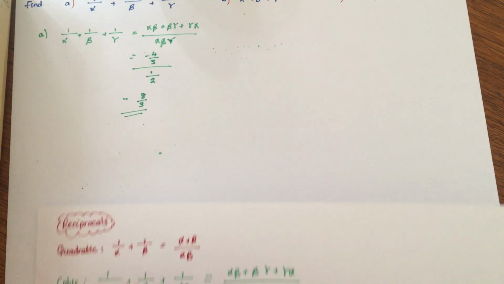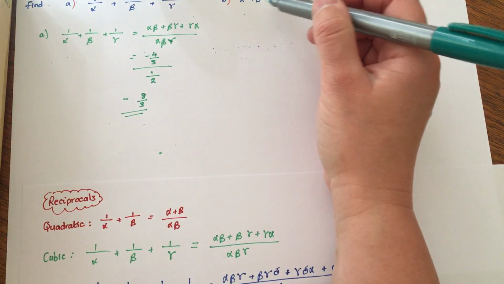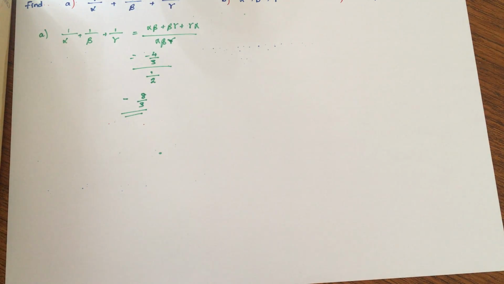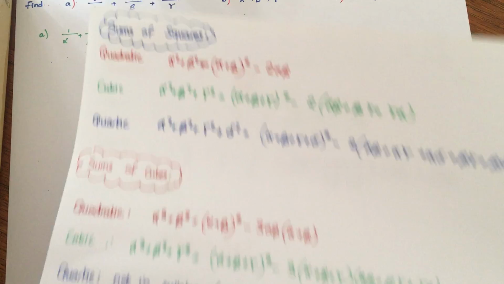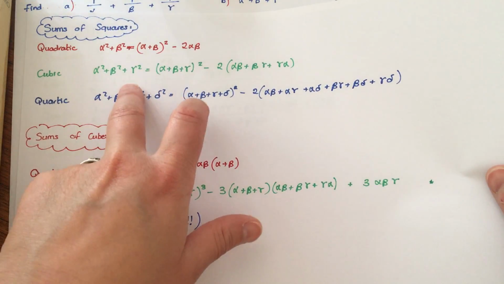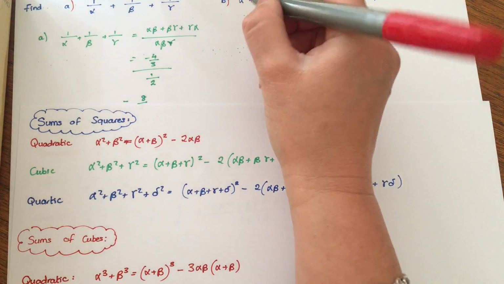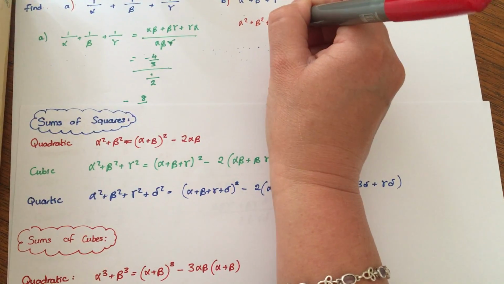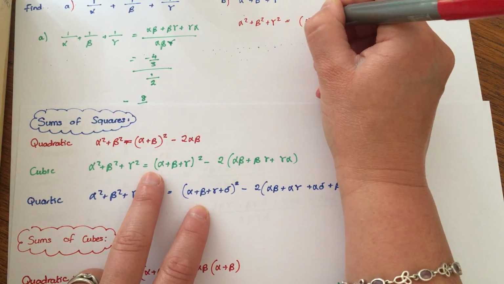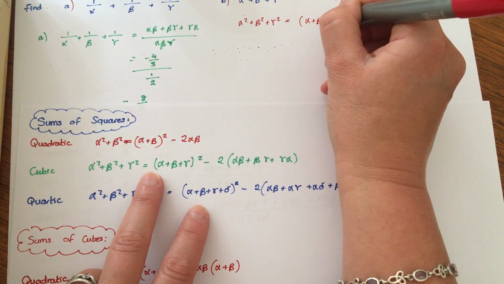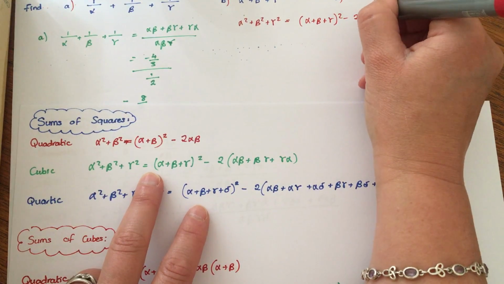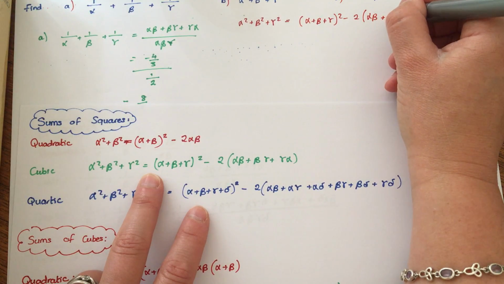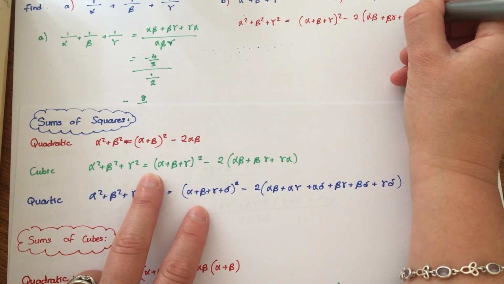Part B. Alpha squared plus beta squared plus gamma squared. So that's this one here that we know. Which is alpha plus beta plus gamma squared minus 2 lots of alpha beta plus beta gamma plus gamma alpha.